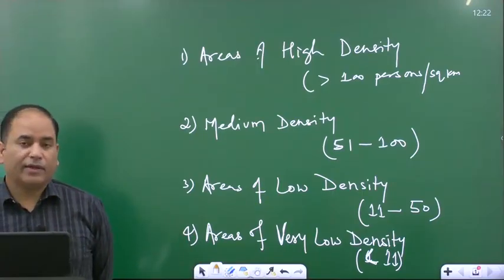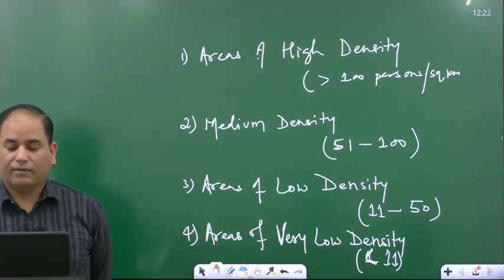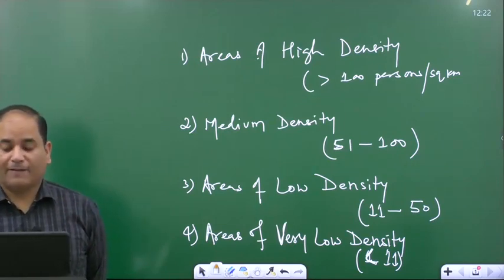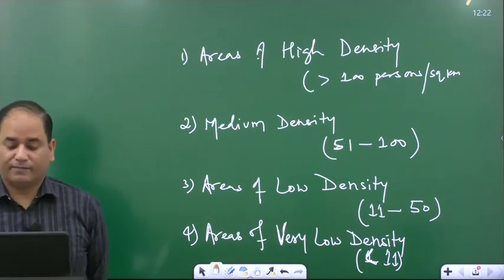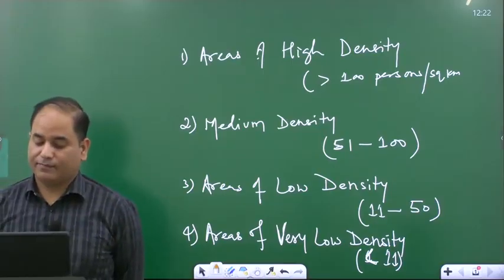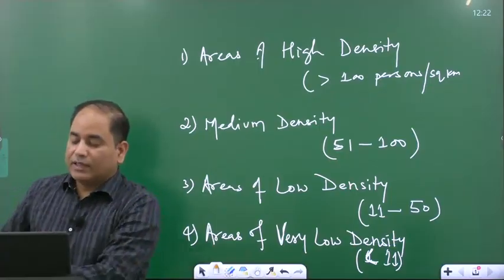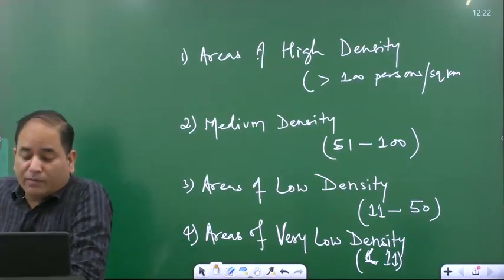In Africa we have Ethiopia, Egypt, Morocco, Tunisia. So these are the areas of medium population density.